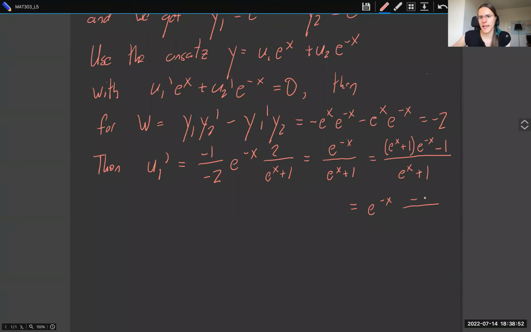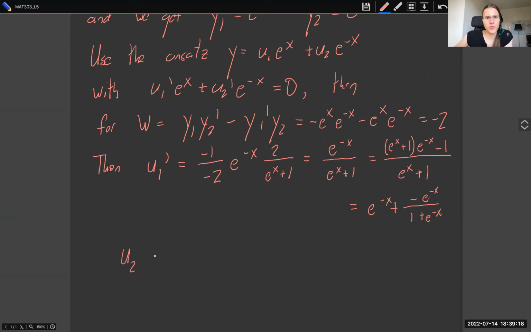So I'm going to write this as e to the negative x. Then if I divide this by e to the x, I get 1. And here I'll have e to the negative x. The reason that I manipulated it like this is because this is a quotient where the derivative of the bottom is equal to the top, right? So that's going to make it easy to integrate.